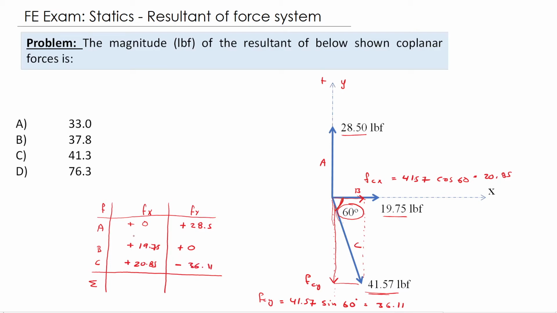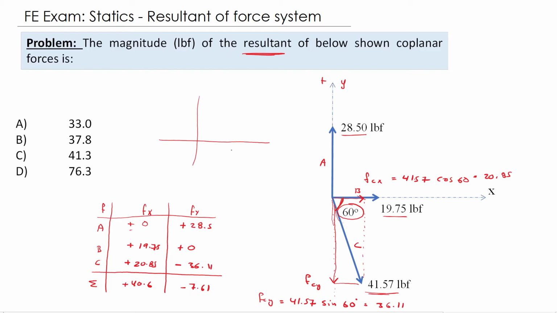Please be reminded that you must not leave any number in this table without a sign, because sometimes you might forget the sign here. So the summation of these forces, 19.75 plus 20.85, this is plus 40.6, and 28.5 minus 36.11, this is negative 7.61.